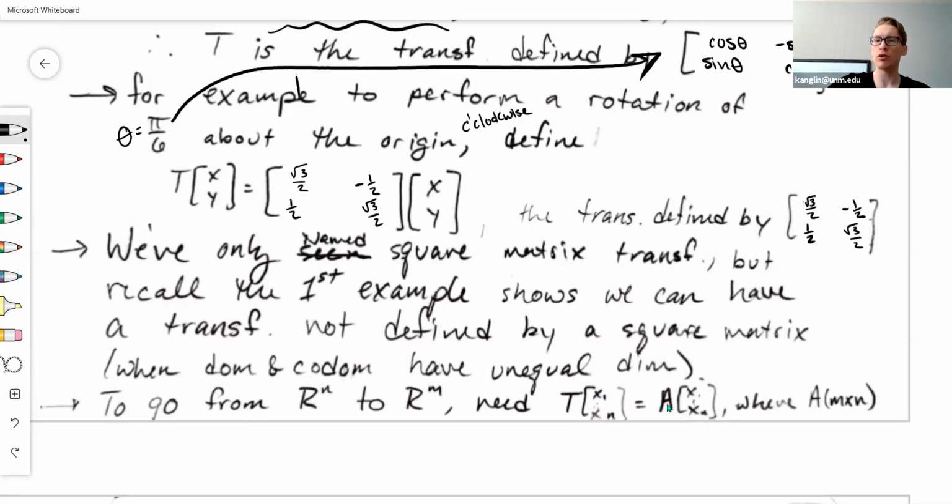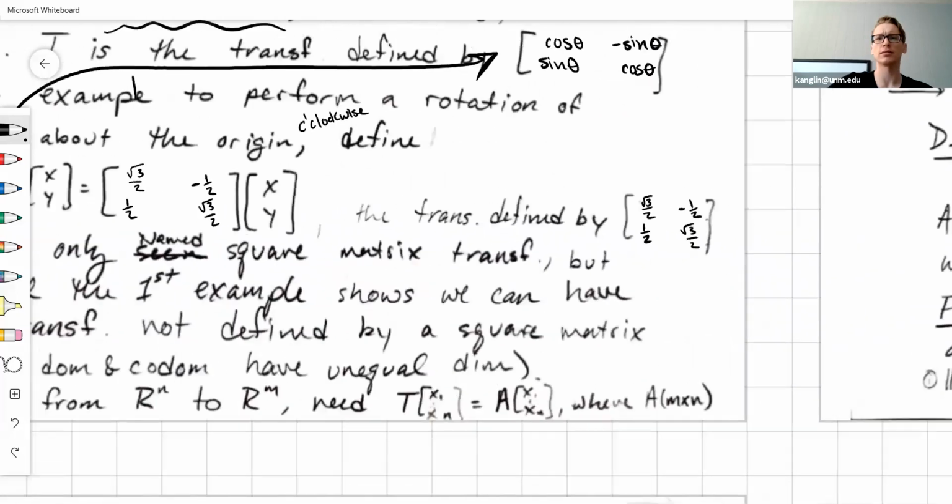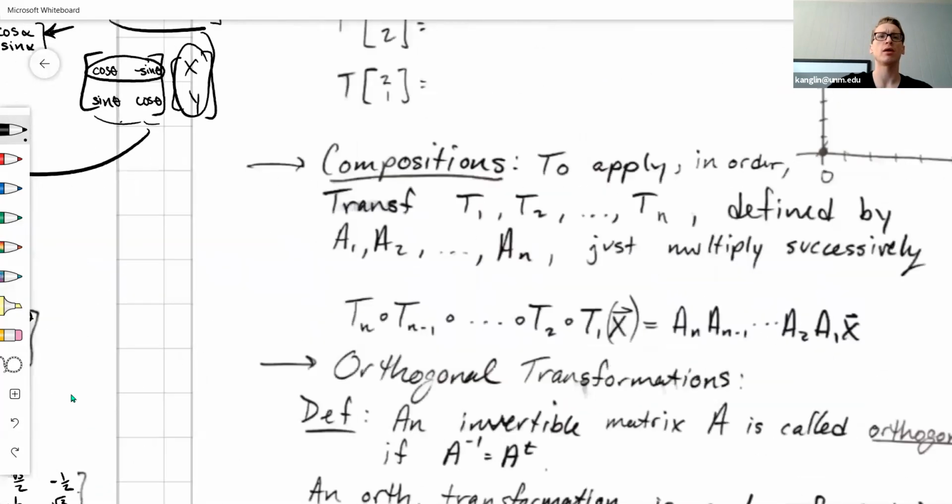But that matrix, in order to return objects in Rm, must have m rows and n columns, so not a square. Really study this. Make sure you really see why that matrix has to have m by n dimensions for the transformation it defines to take elements from Rn to Rm. It's a key idea here.